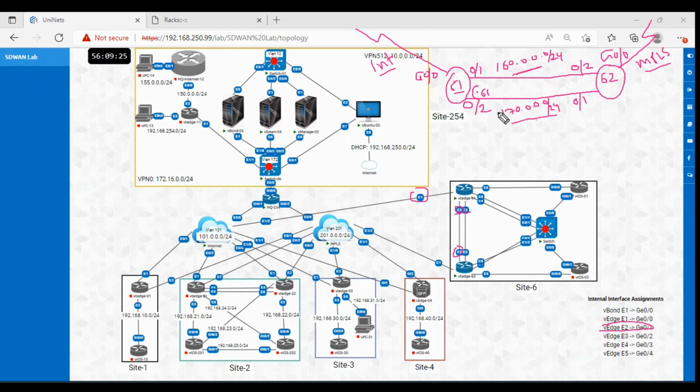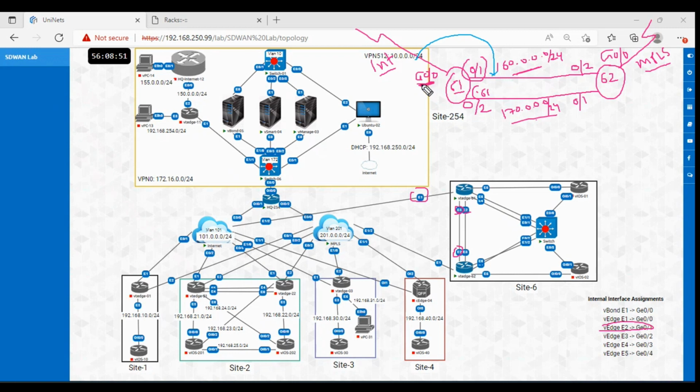So what we have to do is create templates wherein we will be configuring our IP interfaces, this one, this one, this one, and this one on 61 and 62 respectively. And here what we are doing is we will be extending this interface, gig 0/0, on this interface.